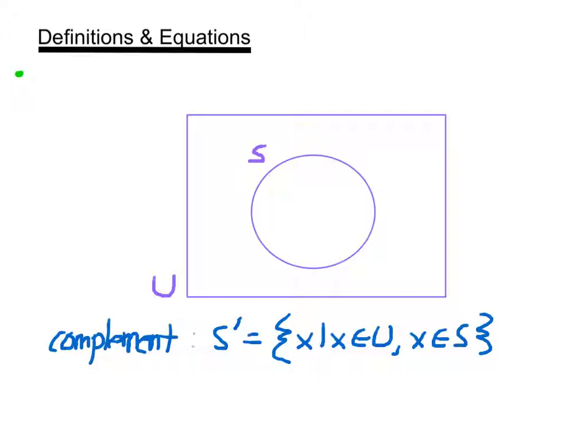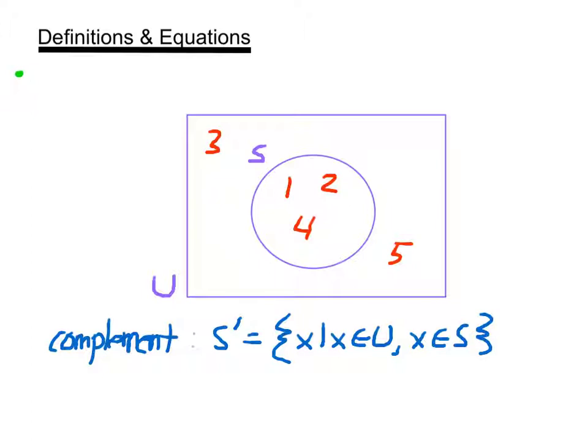So let's put a few numbers in here. Let's say that set S contains 1, 2, and 4, and the universal set also contains 3 and 5. So really, the universal set contains the numbers 1, 2, 3, 4, 5 because they're all within the universal set.